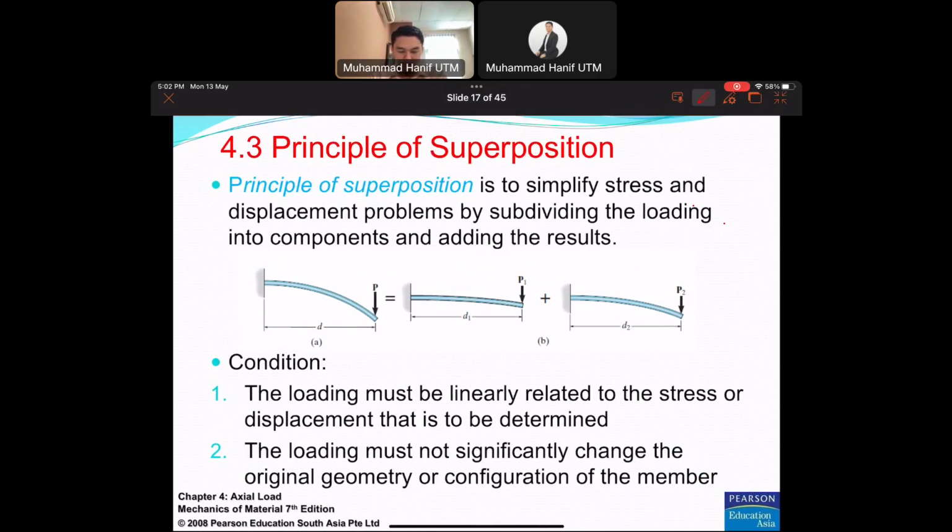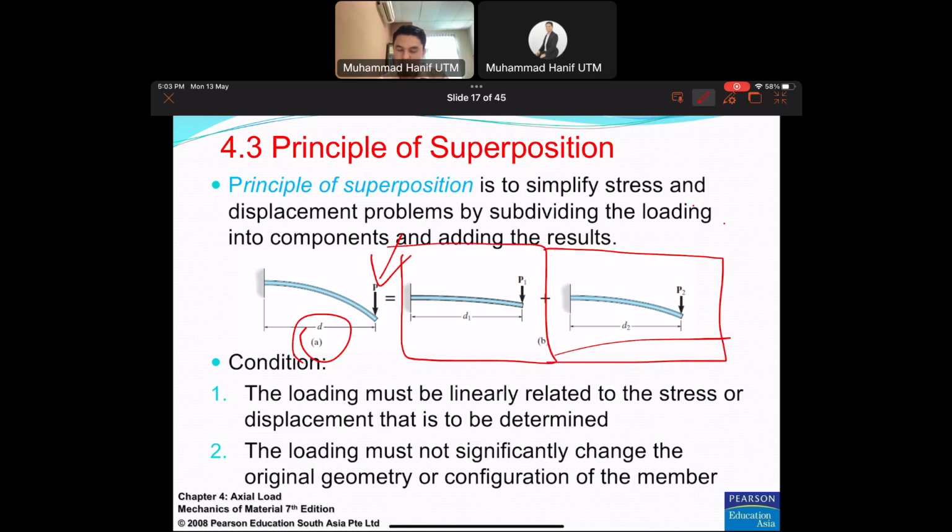Okay, so the first one that you see here is the first figure that shows the rod is bending downward when we have the external force of P. And the best thing is that from this complex deformed body, we can make it into two different figures like this one.